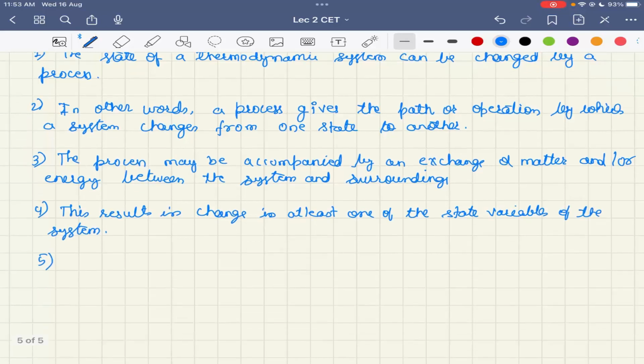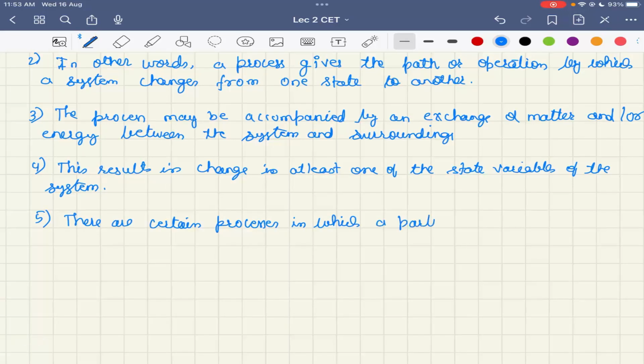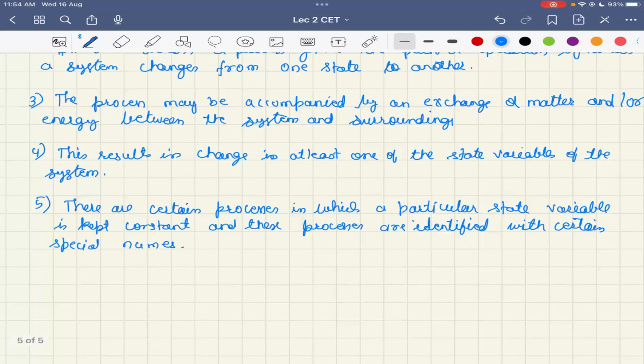Okay. So there are certain processes in which a particular state variable is kept constant, and these processes are identified with certain special names. Right? And these are as given in the following.